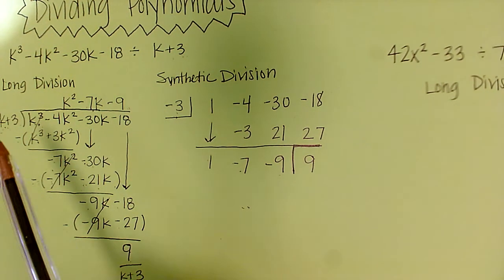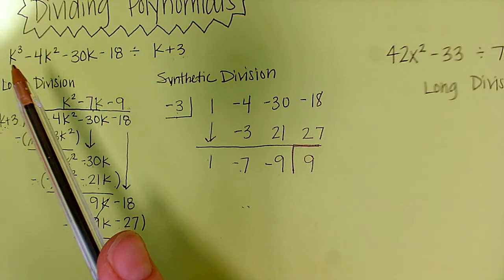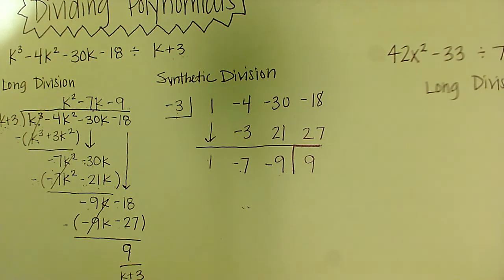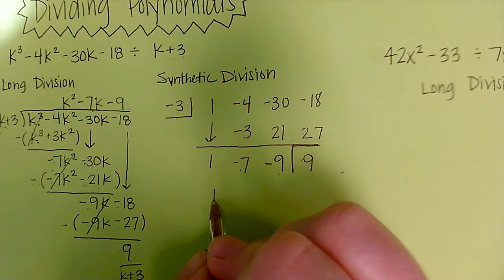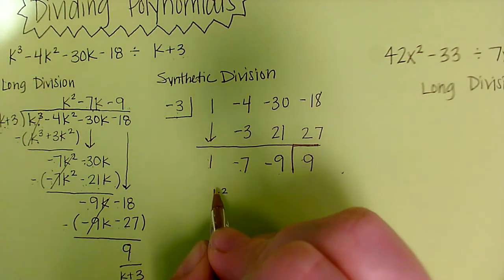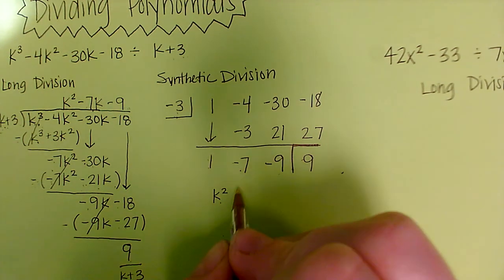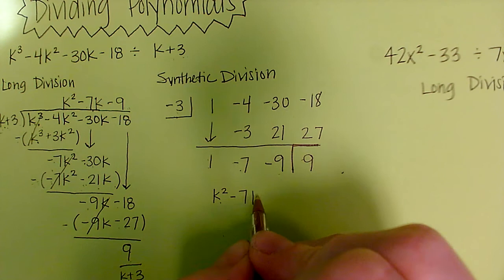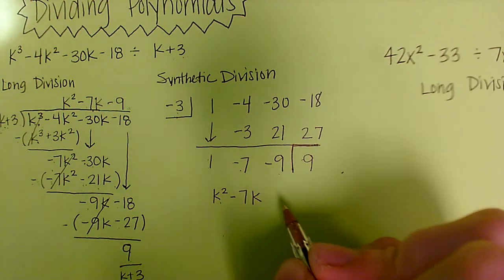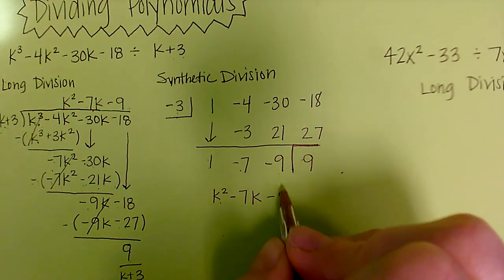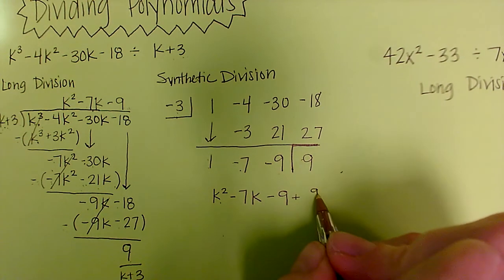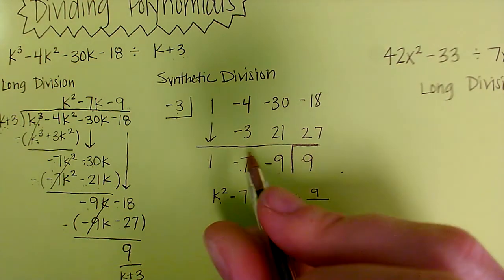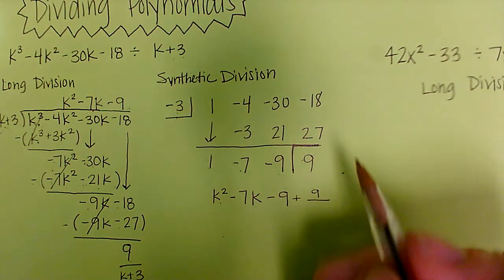So we started with a k cubed. That was our highest degree. So when we get our answer, we're going to knock it down one exponent. So instead of k cubed, we're going to have k squared, and we have one of those. So 1k squared minus 7k's, just drop it down one more, and then minus 9, because there's no more to add, and then your remainder is 9 over your original divisor, k plus 3.